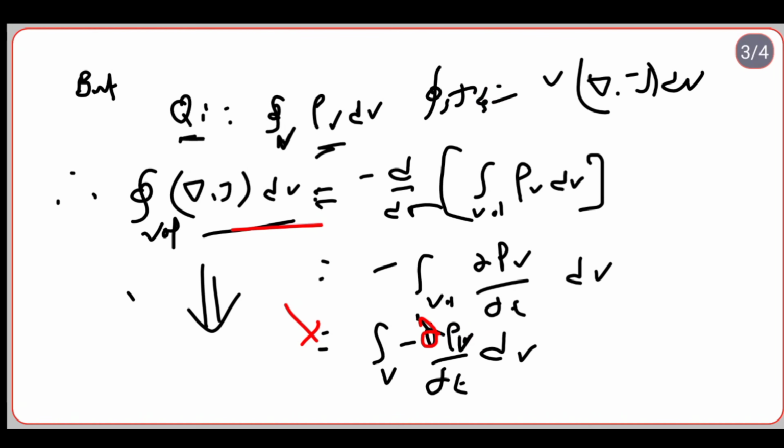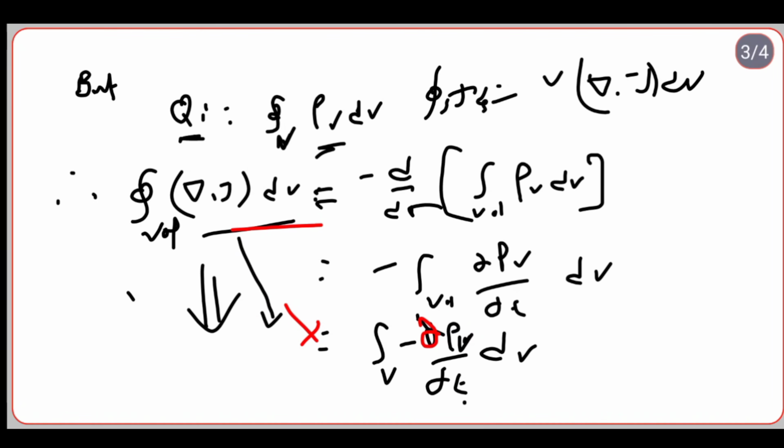Qi is nothing but the volume integral of ρv dv, where ρv is known as charge density. After substituting, volume integral del dot J dv equals minus d/dt of volume integral ρv dv. We can write minus volume integral ∂ρv/∂t dv, the partial differentiation we have to consider for a constant surface. The derivative becomes a partial derivative, that is, volume integral of minus ∂ρv/∂t dv equals volume integral del dot J dv.